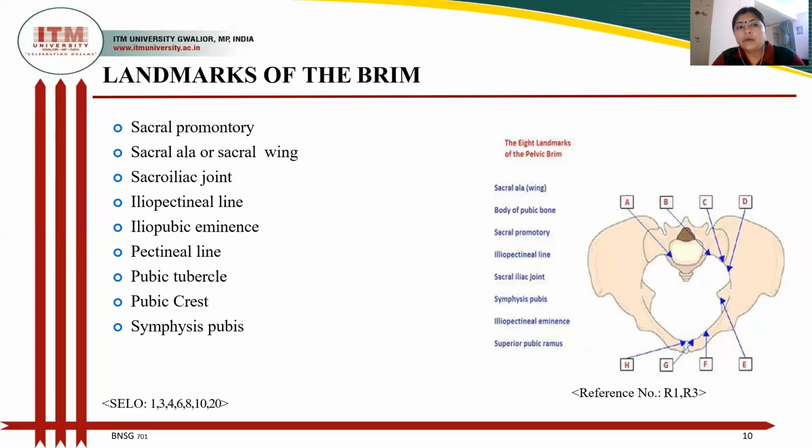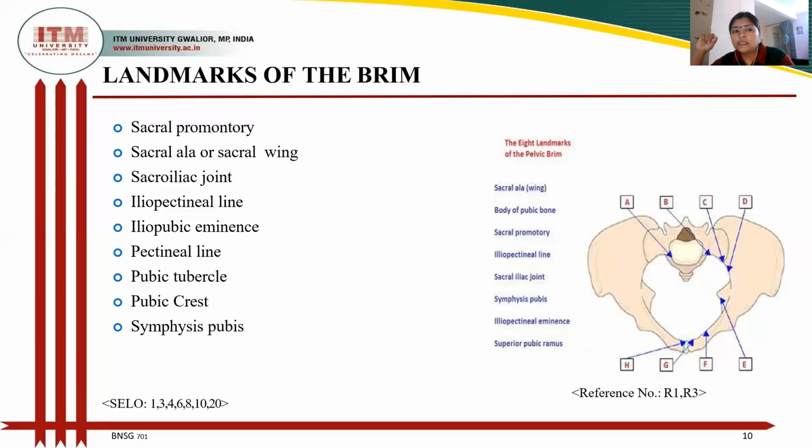So those are the landmarks of the pelvis. In the landmarks of the pelvis, we have a total of 8 important landmarks. In the picture I have named them A, B, C, D, E, F, G, and H.